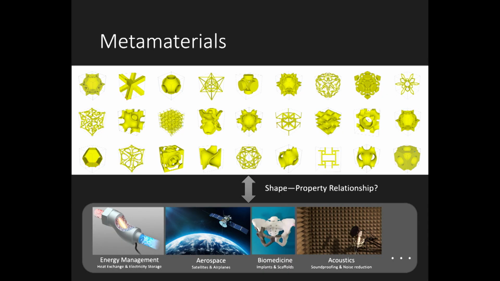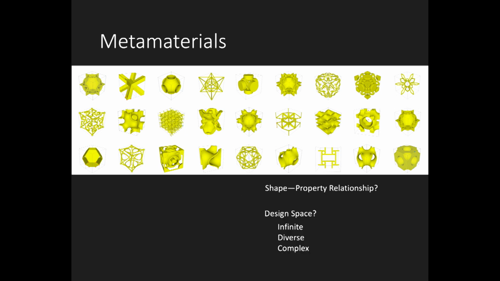And so there's a huge push right now to understand the opportunities here, but that's incredibly difficult to do because there are so many different shapes we want to consider, and it's actually not clear which variations are going to lead to the properties that we care about. And moreover, it's actually not even clear how to characterize the design space we're trying to move around in because there are, again, so many shapes we want to be able to explore, and they're all characteristically different.